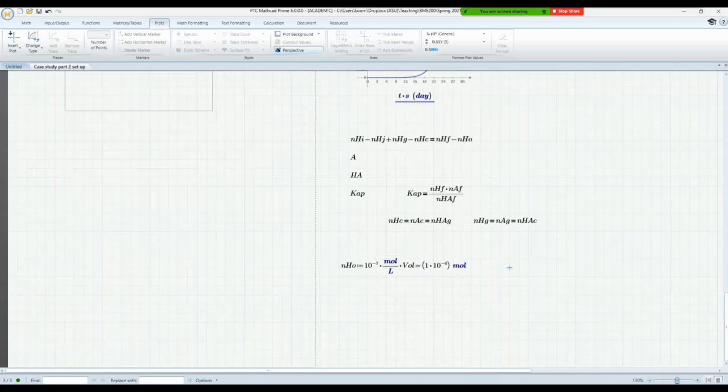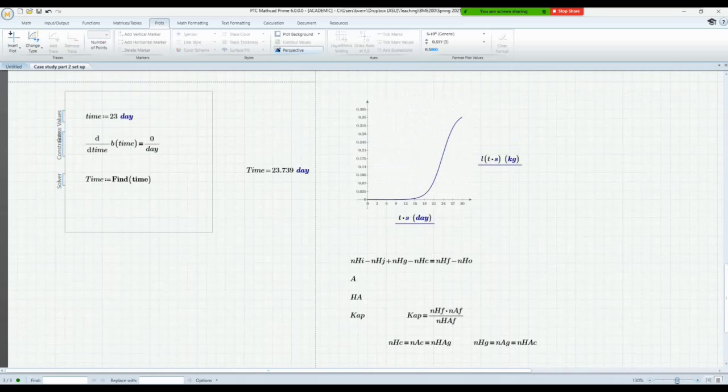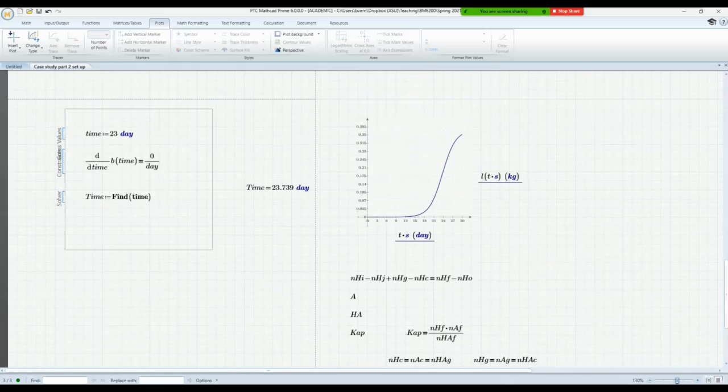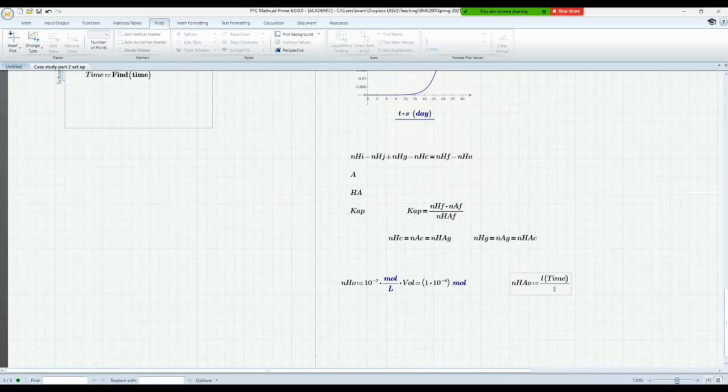Then I'm going to assume that you put in this lactic acid. I'm going to assume it comes in as HA, that it's a weak acid. So the NHA, the undissociated acid, is going to be basically equal to this solution at the time that we solved up here, and then divide that by the molecular weight of lactic acid.